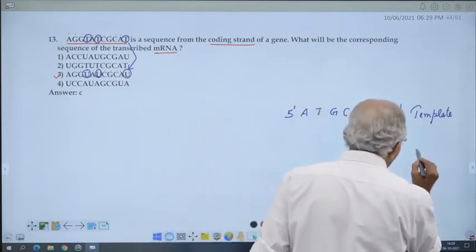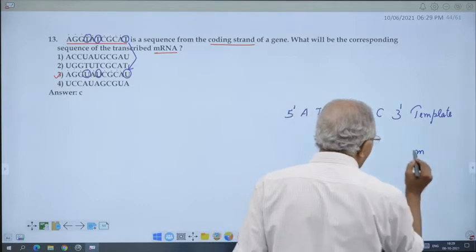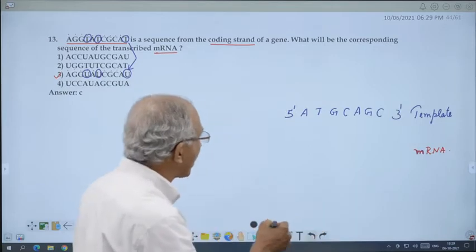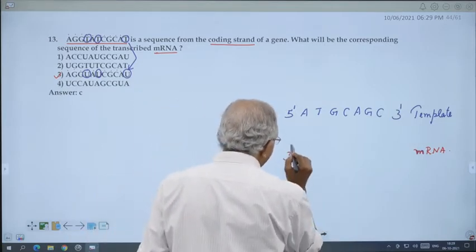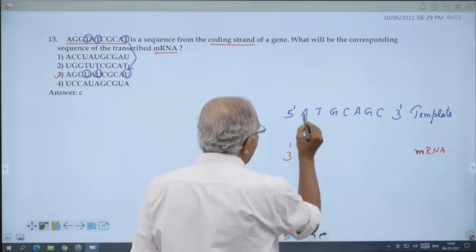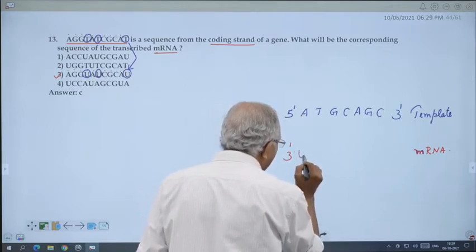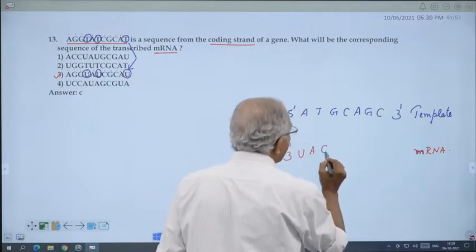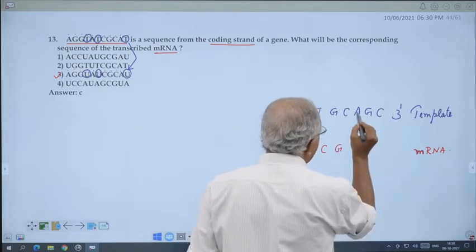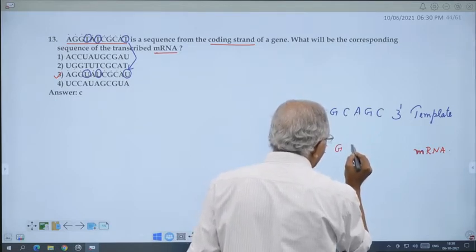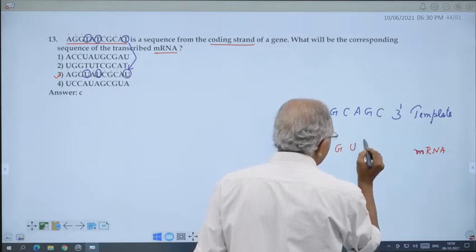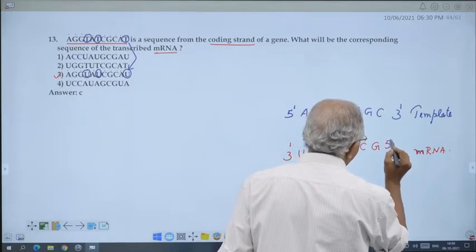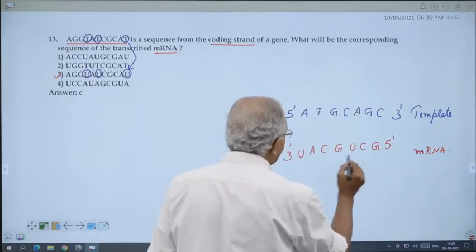If the template strand is given, and you are asked to write the mRNA, you should write the complementary one. 3 prime, A should be T, but in mRNA it is U. T complementary is A. G, C. C, G. A, the complementary will be T, but in RNA it is U. G, C. C, G. 5 prime. This is the sequence of mRNA.